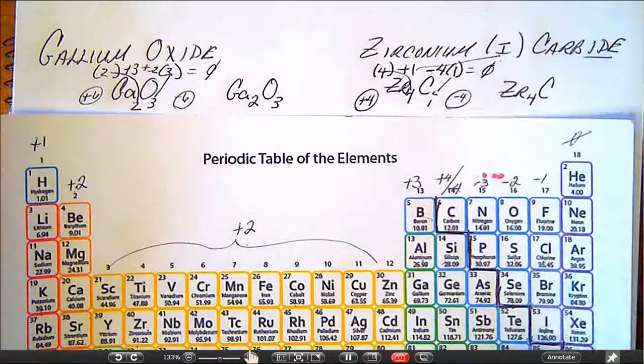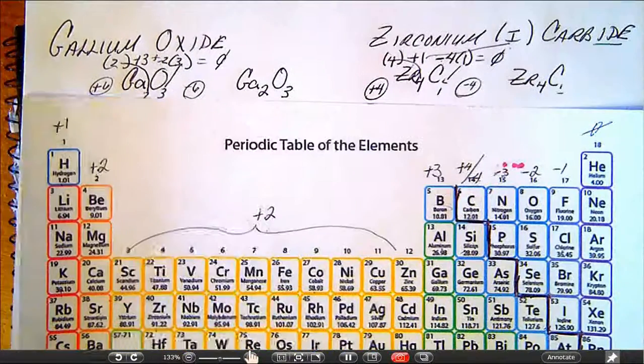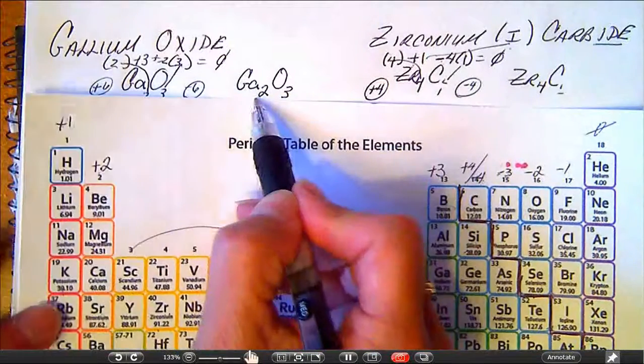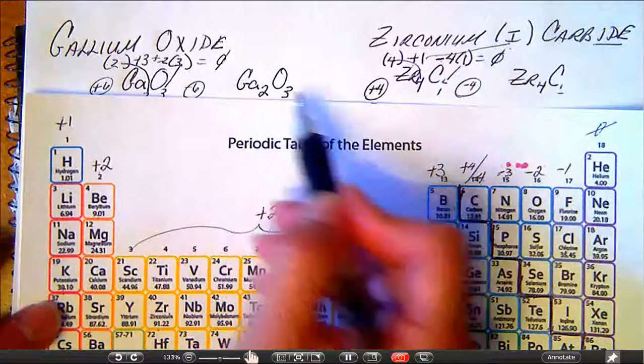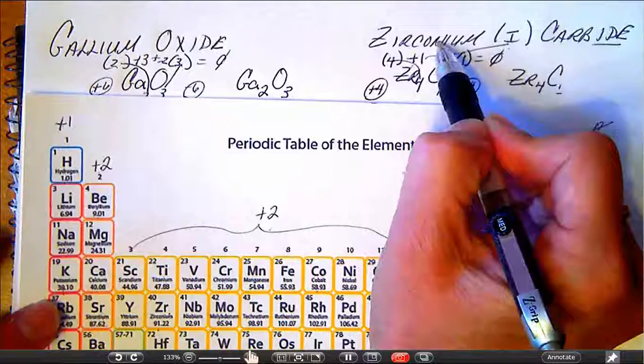Zr4C. Remember that 1 right there is implied. Doesn't get any harder than this. The most important part is making sure that these numbers are balanced and that this Roman numeral is applied to the metal and not the non-metal.